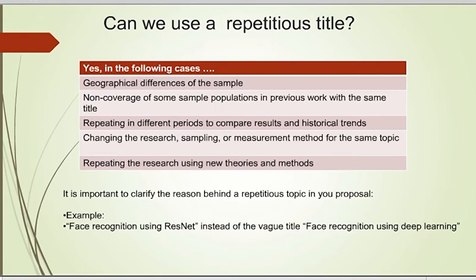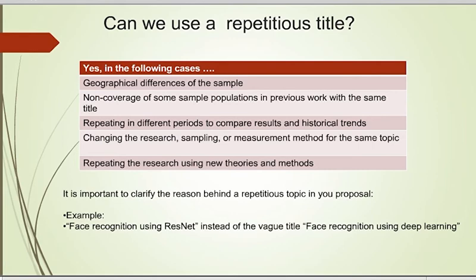Another reason where you may want to choose the same title but do new research is non-coverage of some sample populations in previous work. So it means that you looked at previous work, but found that some of the cases were not covered.